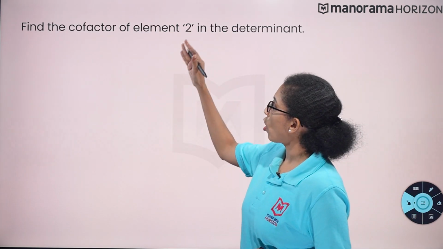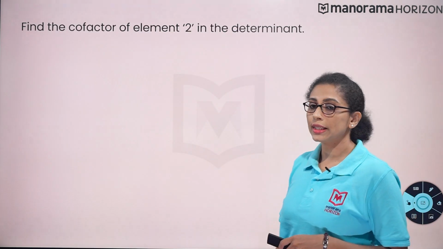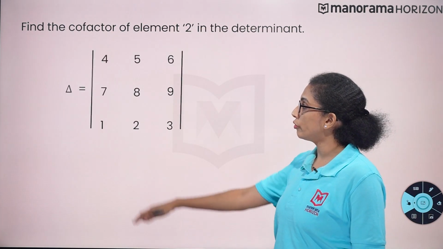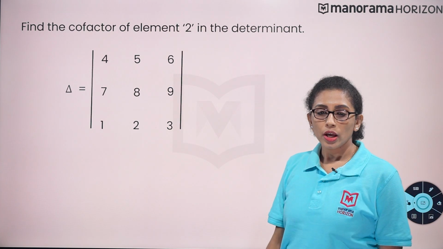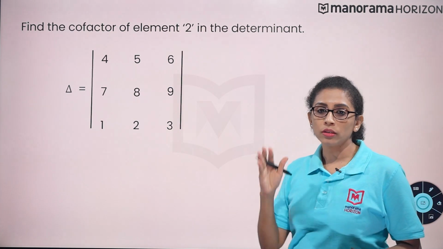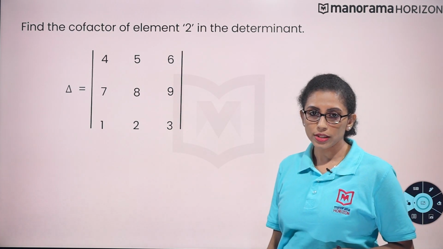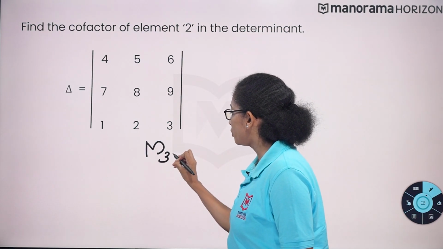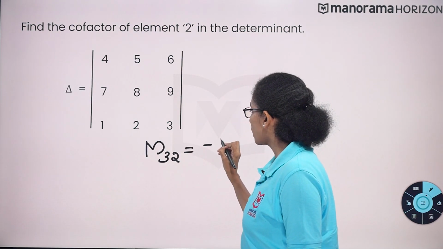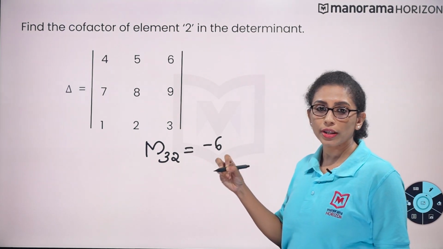Find the cofactor of the element 2 in the determinant. Determinant is equal to 4, 5, 6, 7, 8, 9, 1, 2, 3. Already we have found the minor in the previous question. Alright. So, minor we have already found it as M of 3,2 is equal to minus 6. Now we need to find the cofactor.